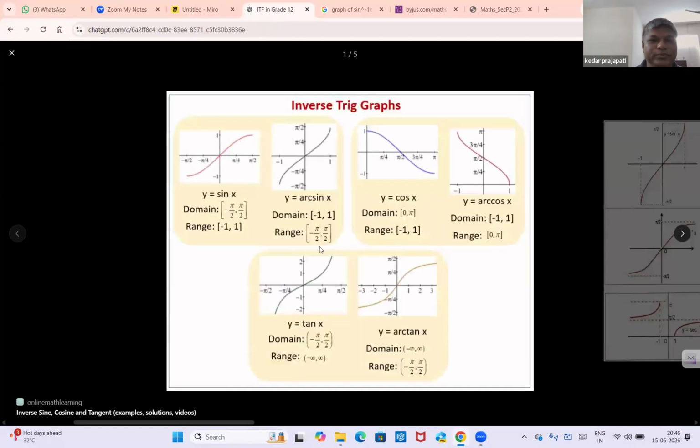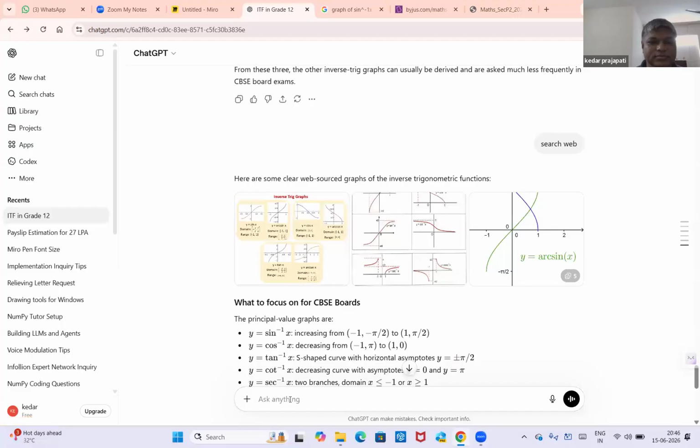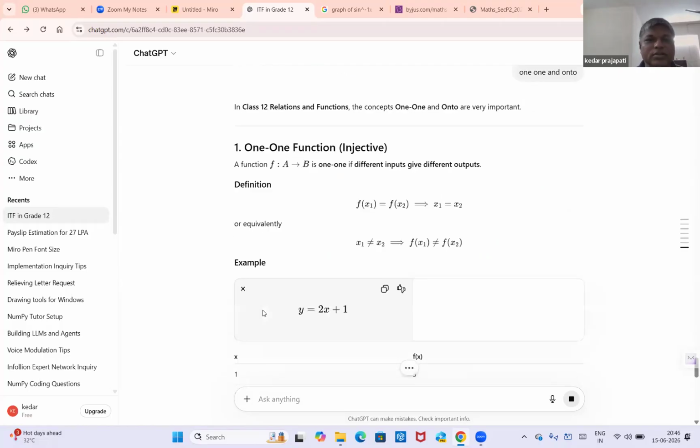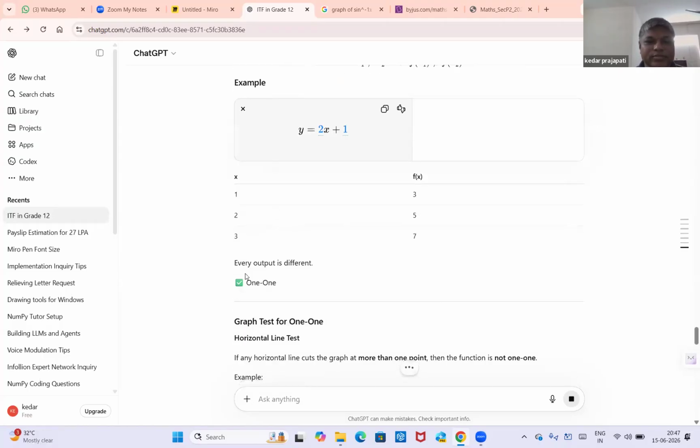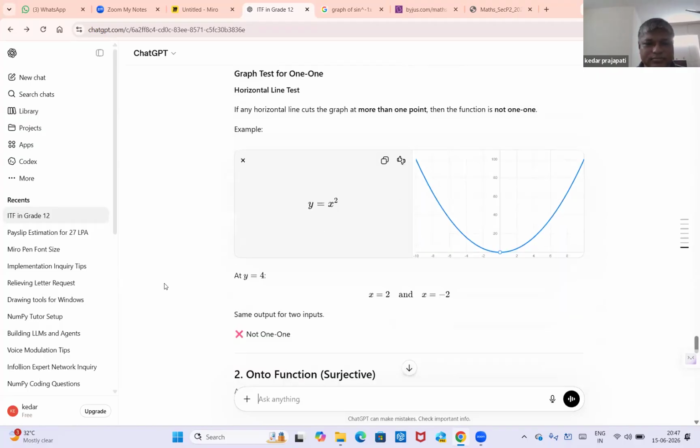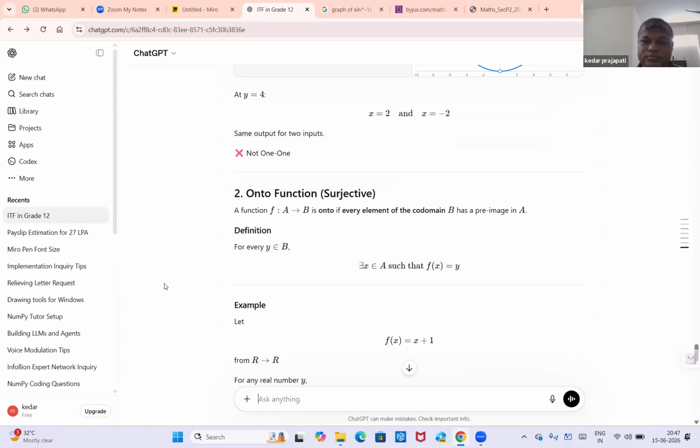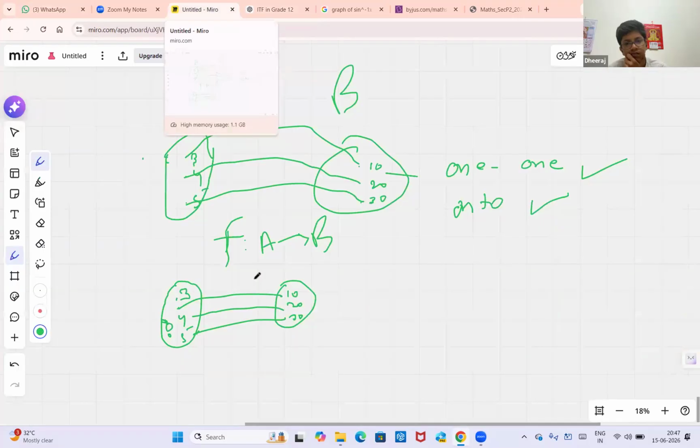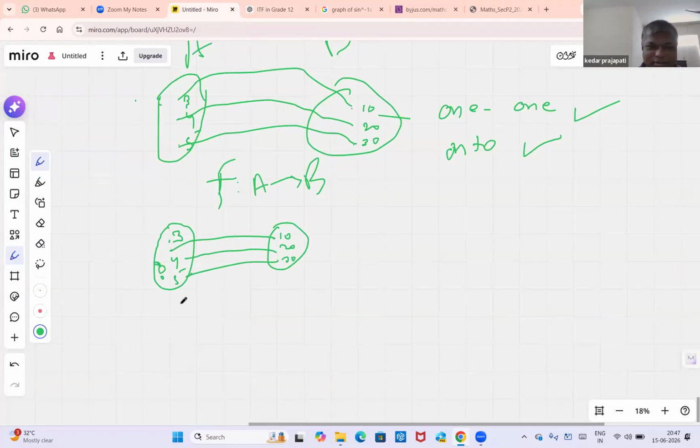Let us see what is 1, 1 and onto. A to B is onto if each element of the codomain B has a pre-image in A. This is not 1, 1, Dheeraj.